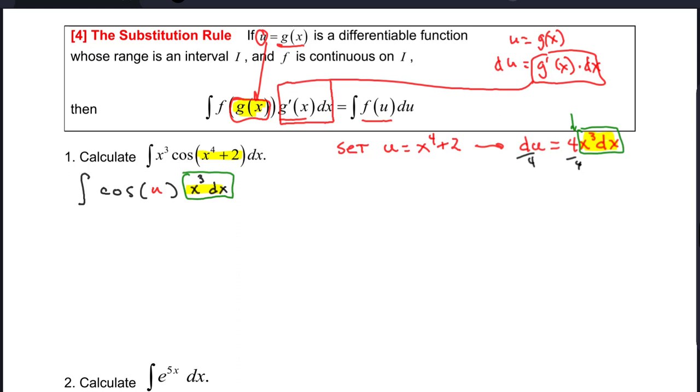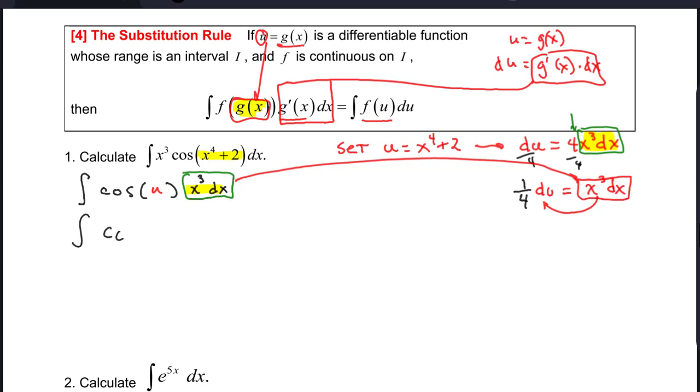So I will be getting, I'm going to write it as a coefficient, 1/4 du equals x cubed dx. Now, I have the exact thing that's left over as a replacement. X cubed dx equals this guy right here. So I can do another substitution.